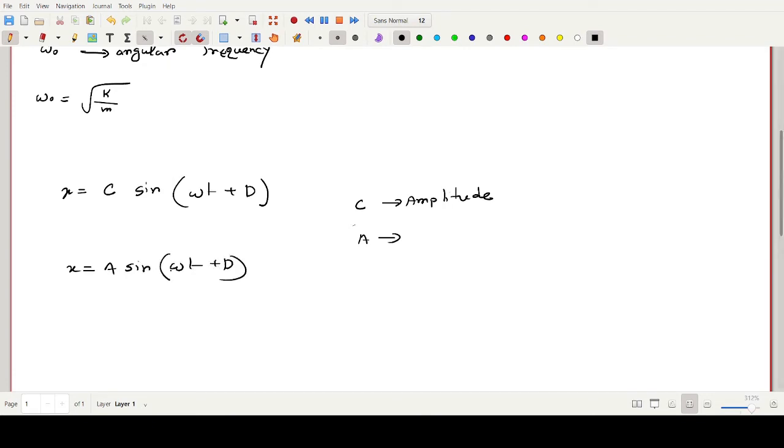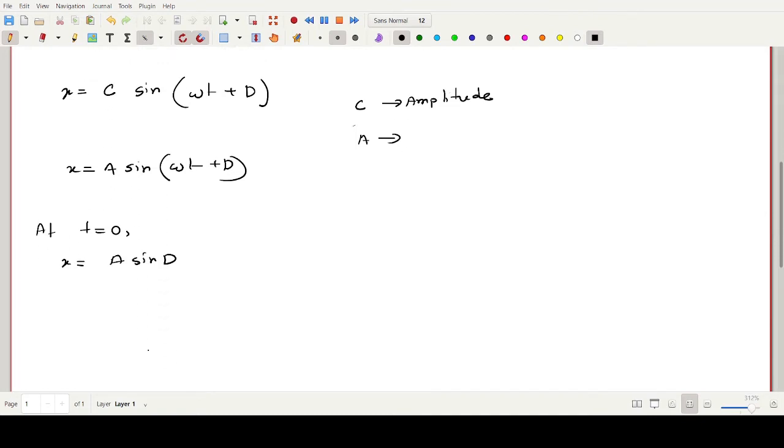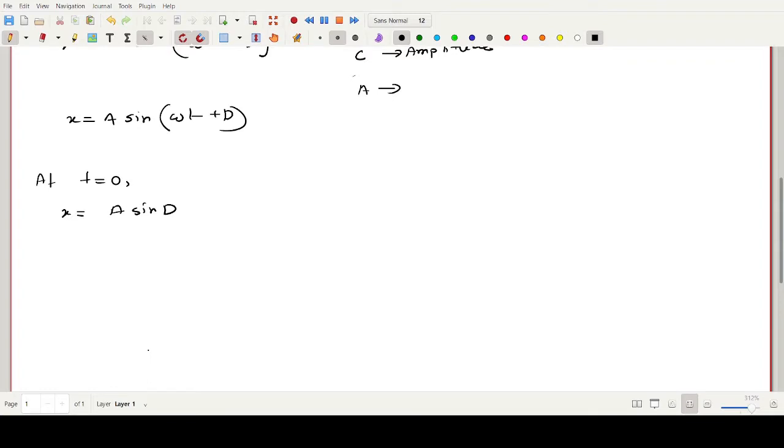Now at t equals 0, x becomes A sine d. Since A is a constant, x depends on the value of the angle d at t equals 0.